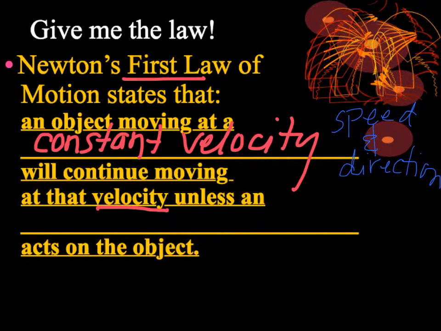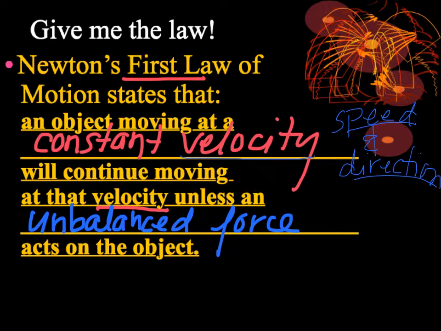So with an object moving at a certain velocity, it's not only moving at a certain speed, but also in a certain direction. So an object will be moving at a constant velocity. It will keep moving, continue moving at that same velocity until an unbalanced force acts on it.